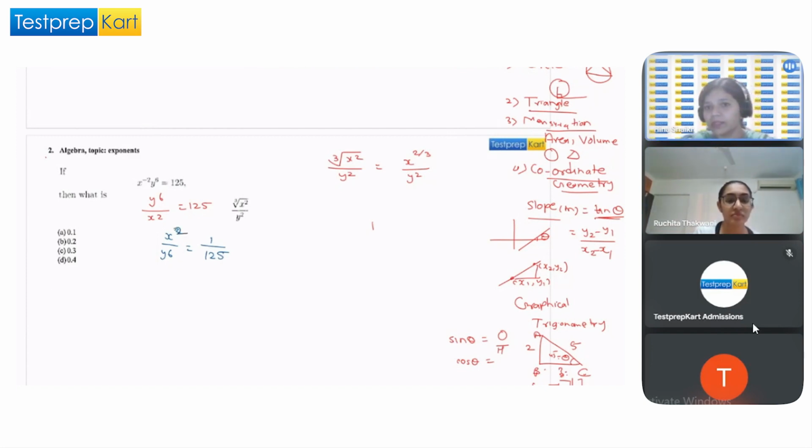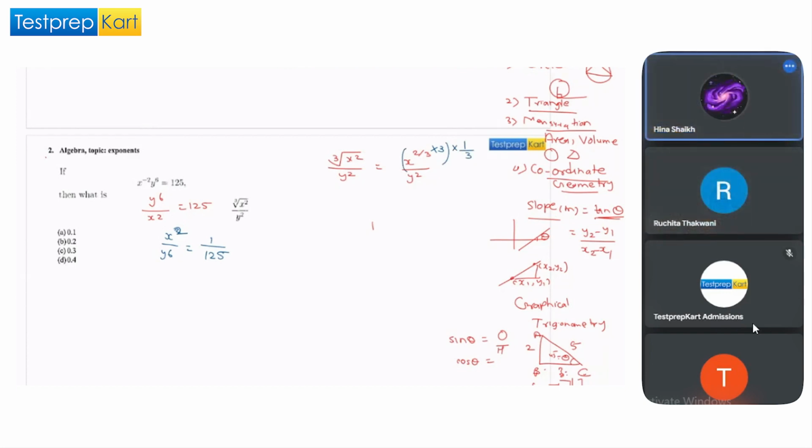So if I have to remove this power by 3, what I'll do? If something we have to remove in denominator, what we do? We multiply. Yeah. Okay. So that means if I'm multiplying here by 3, at the same time I have to divide it by 3.